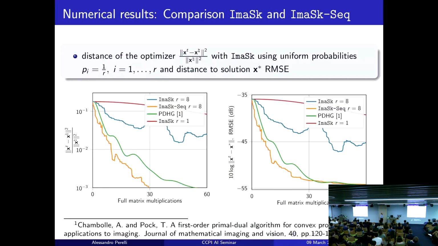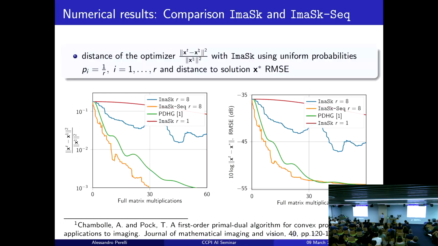This shows, the orange one is IMASC with extrapolation using 8 levels of low resolution, and the other ones, red and blue, are without extrapolation, so IMASC without, let's say, memory.